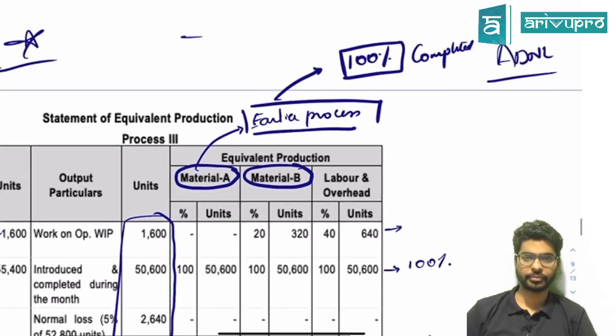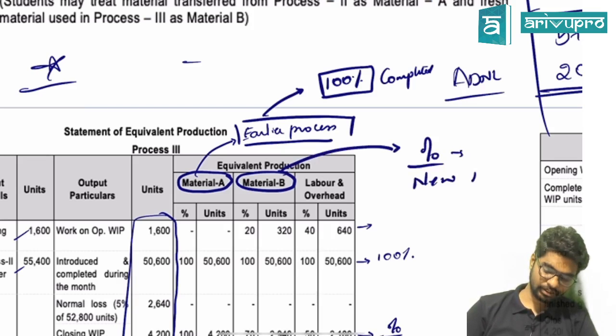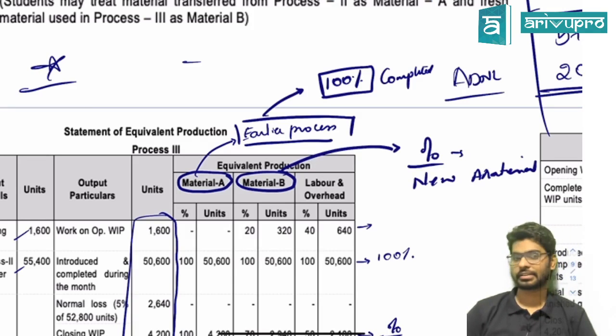Are you clear? The percentages will only apply for the new material introduced during the process. Did you understand this? Guys, are you clear with this?